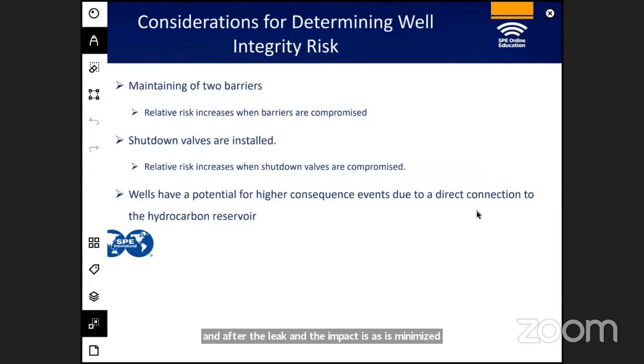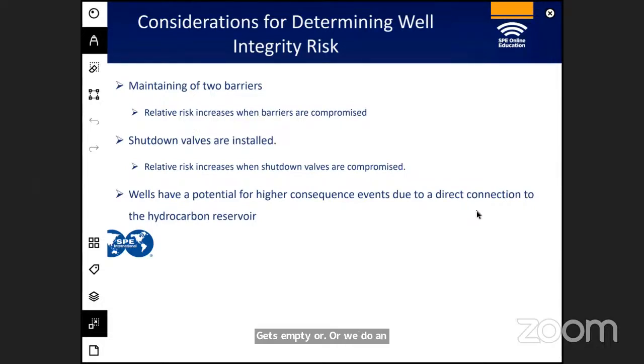However, for a well, if we lose 2 barriers on top, then we are directly connected to the reservoir, and until the well is killed or a relief well drilled, the exposure to the environment is for the whole of the hydrocarbon reservoir.